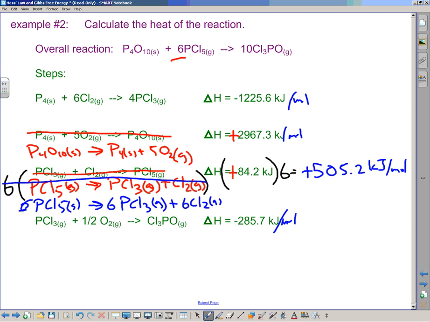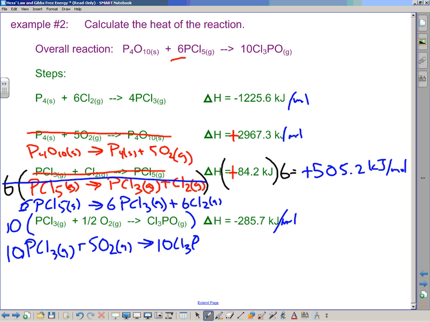The product has a coefficient of 10 in the overall reaction, so we come down to our fourth step, and we have to multiply that step by a coefficient of 10. 10 PCl3 gas plus 5O2 gas is going to yield 10 Cl3PO as a gas.